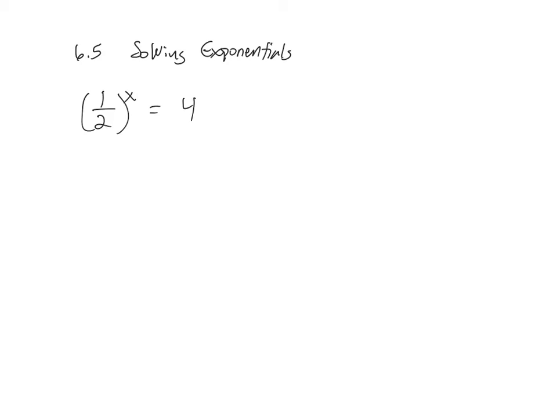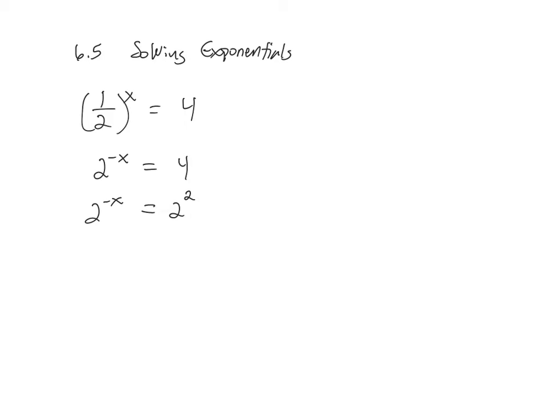So remember, a fraction kind of means we had a negative exponent. So I could switch this to 2 to the negative x power. And then I can't do anything with a 2, but I could write a 4 as 2 to the second power.